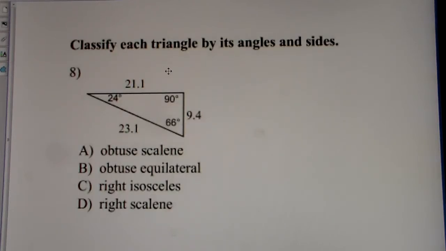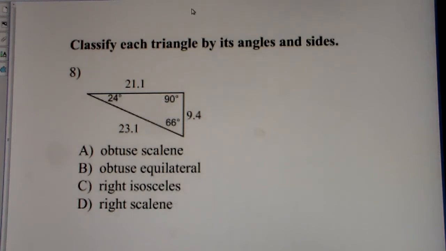Number 8, classify each triangle by its angles and its sides. Well, in your notes, I told you how to classify a triangle to be acute, right, or obtuse by the angles. And we also told you how to classify a triangle by its sides. So let's first talk about angles.